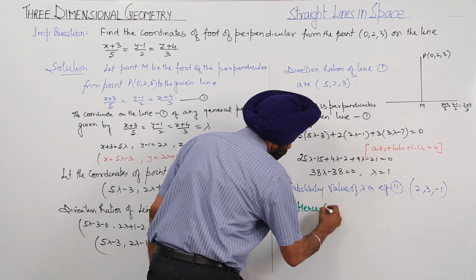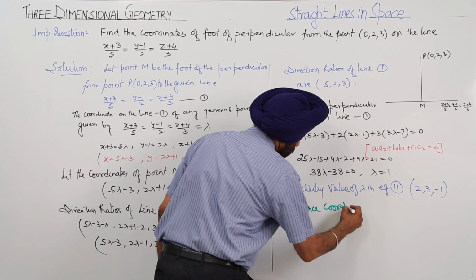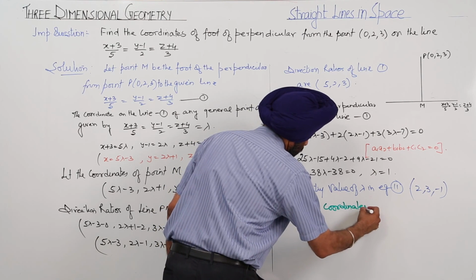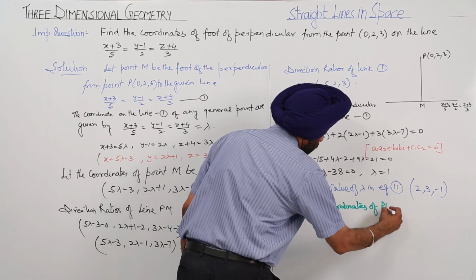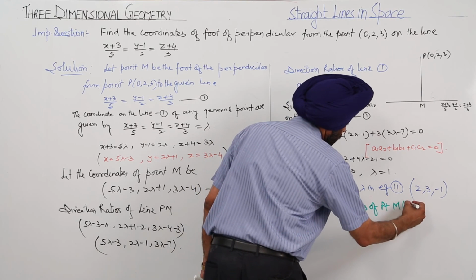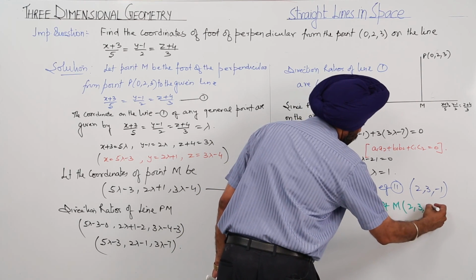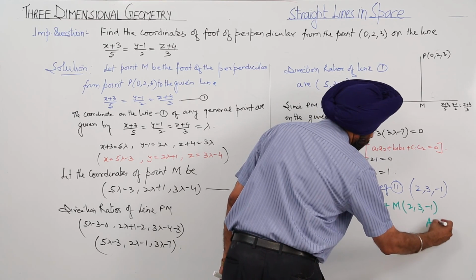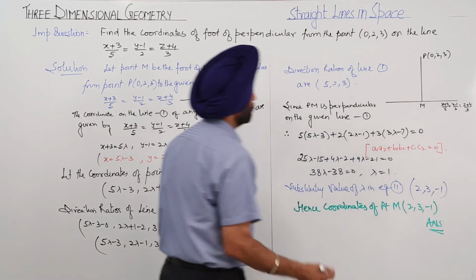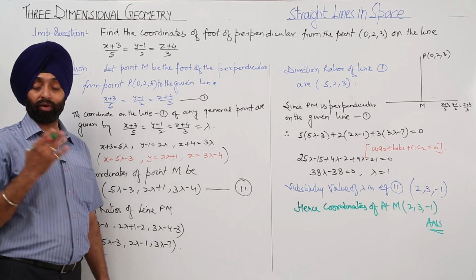Hence the coordinates of point M are (2, 3, −1). Answer. And this is a very important concept, a very important question.